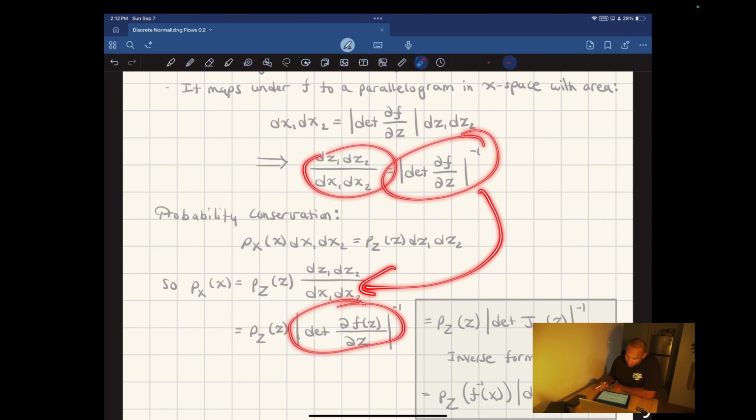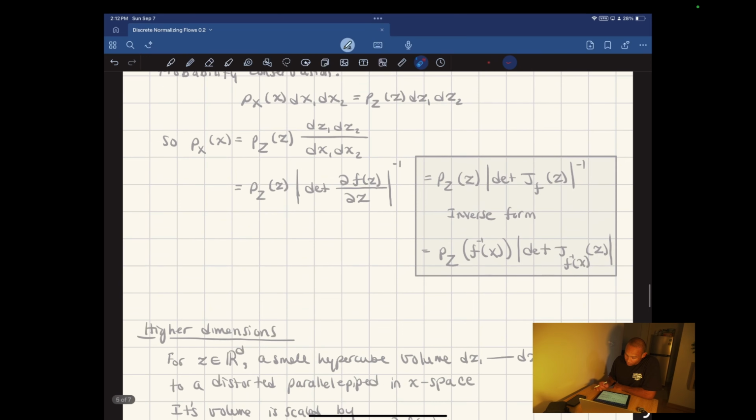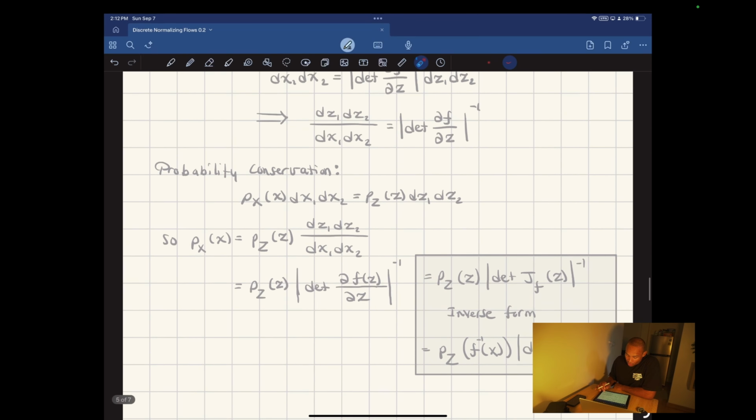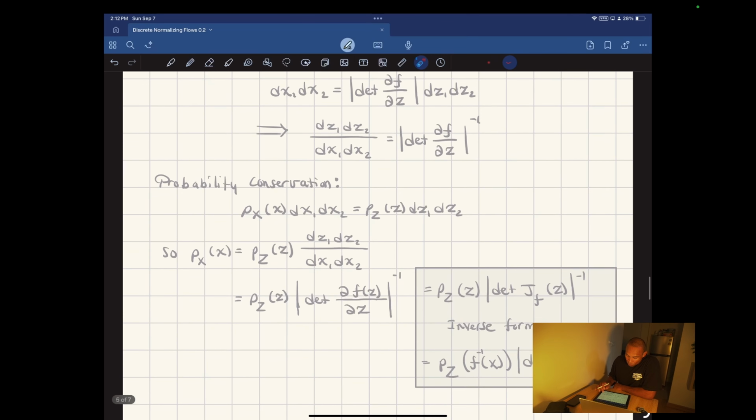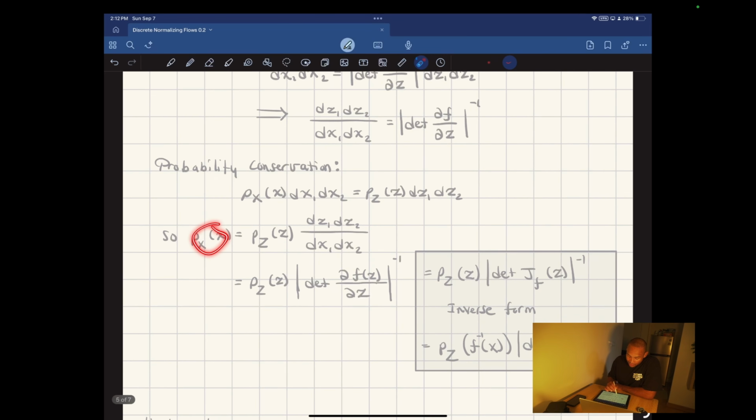I just substitute it to get that. So now P of x is equal to P of z times the inverse of the determinant. Okay, so remember that. I just did some algebra. I'm saying the probability density of x is equal to the probability density of z times the determinant.